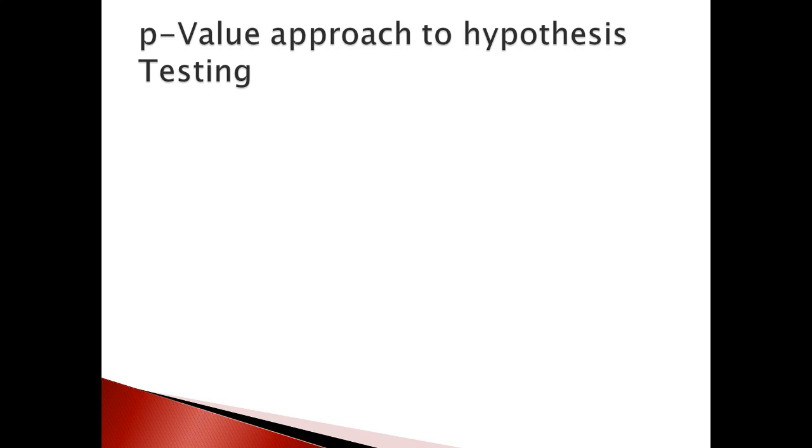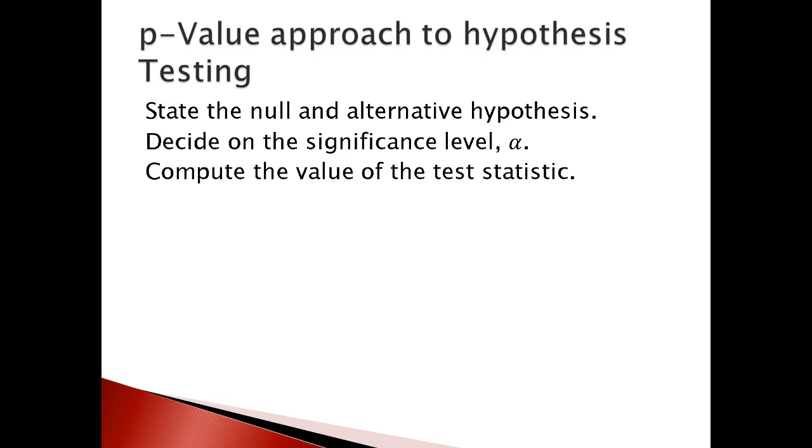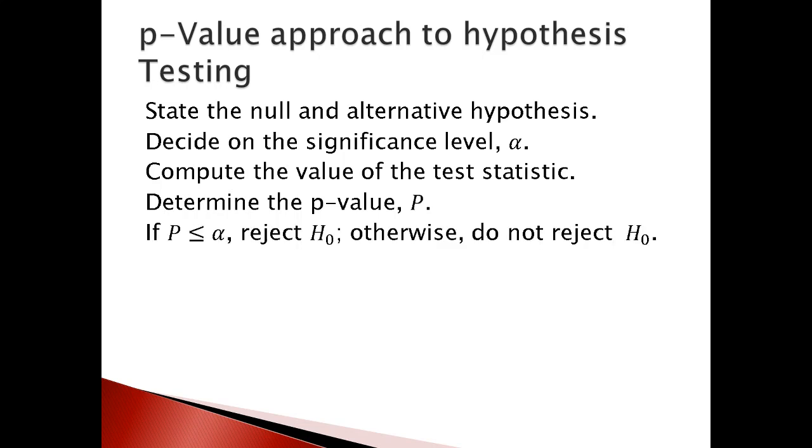So the p-value approach of hypothesis testing is just like the critical value approach. We first state the null and alternative hypotheses, decide on the significance level, normally it's given, compute the value of the test statistic, and determine the p-value. If p-value is less than or equal to alpha, we reject the null hypothesis.